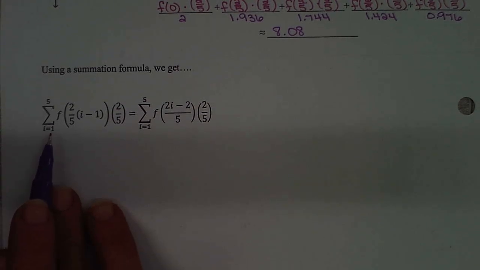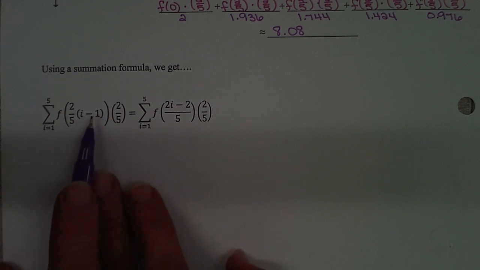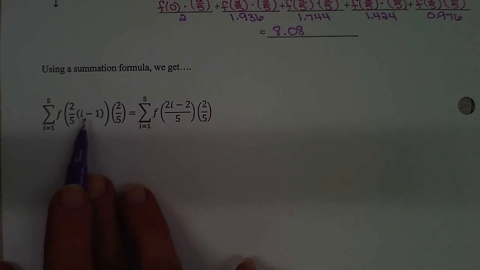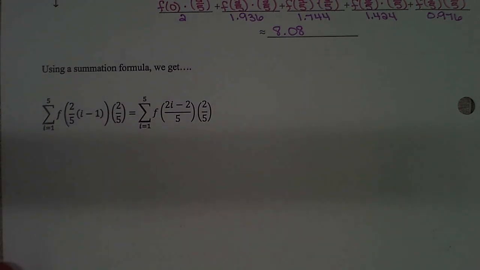So the way we get this to go backwards, starting at 0 instead of 1, is instead of multiplying the 2/5 times the i, which is what we had before, 2i over 5, we're going to multiply it by i minus 1, so that when we plug in a 1, it turns into a 0, which makes it go back to that tick or that value before the 2/5.